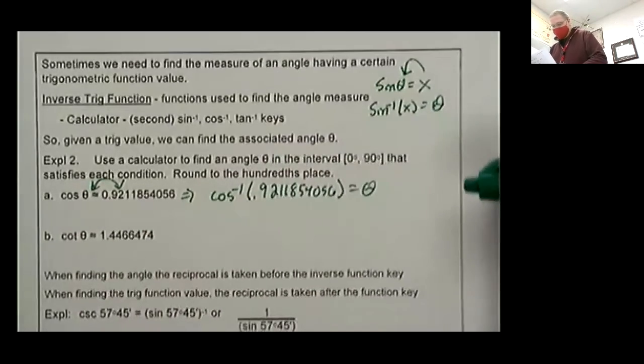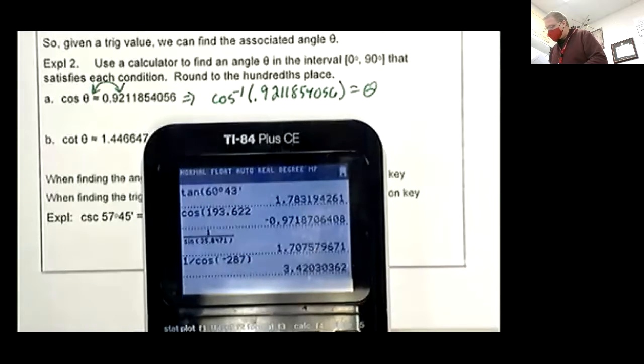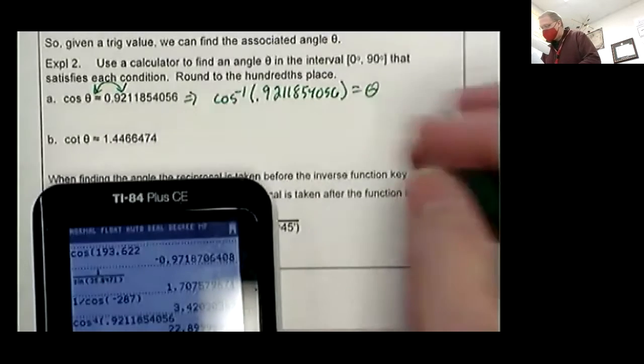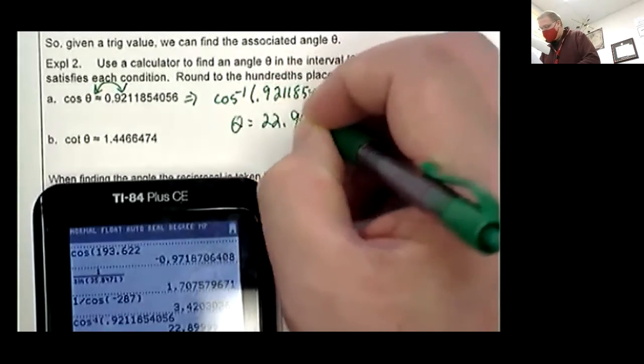We're going to type that into our calculator as second cosine, and we should get an angle measure. We're going to round this one to the nearest hundredths place, which is 22.90 degrees.